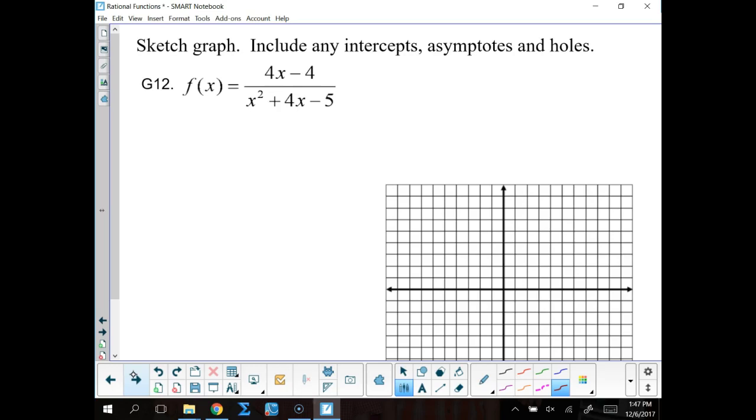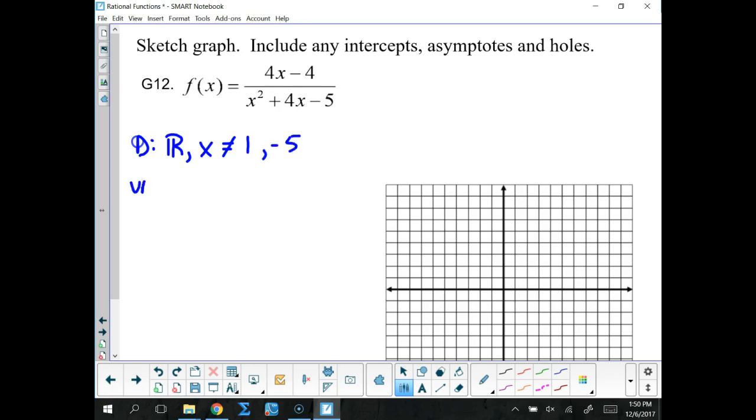Let's do one more. Go for it. X can equal what? 1 or -5.